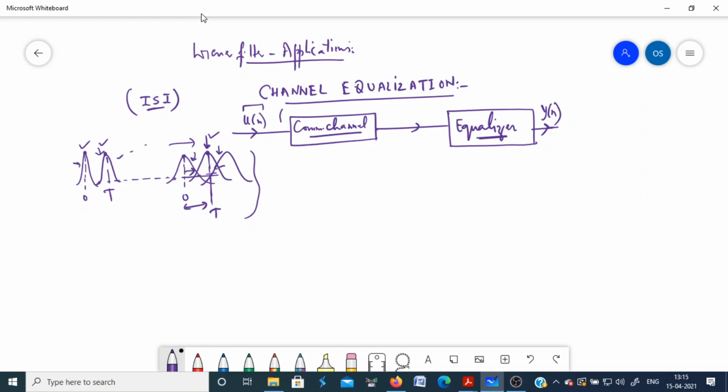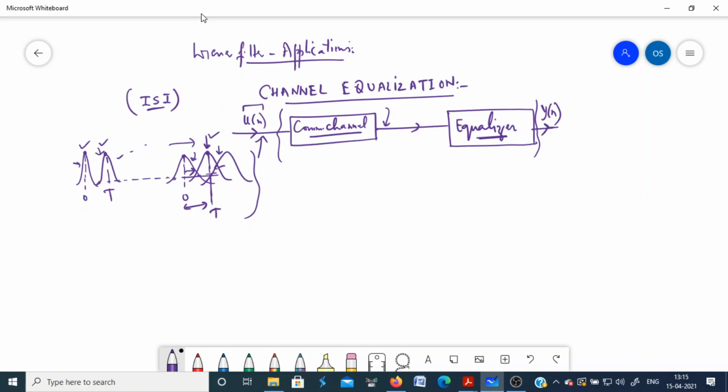Or you can say that since the equalizer and the communication channel are in cascade, as a whole this becomes an identity system, meaning a system with impulse response delta, so that the input and output are the same. Now how is it done? Because we have transmitted some pulse from here, the output of the channel will be different due to this inter-symbol interference.